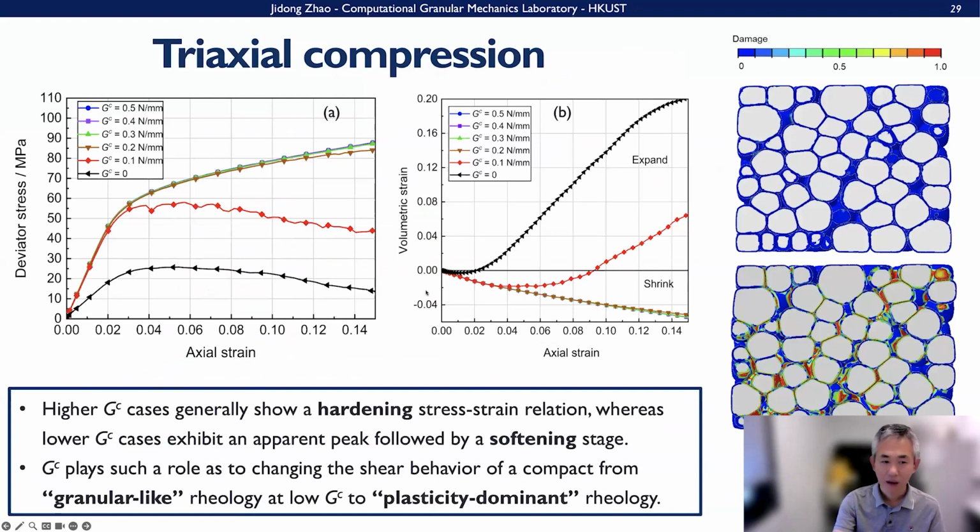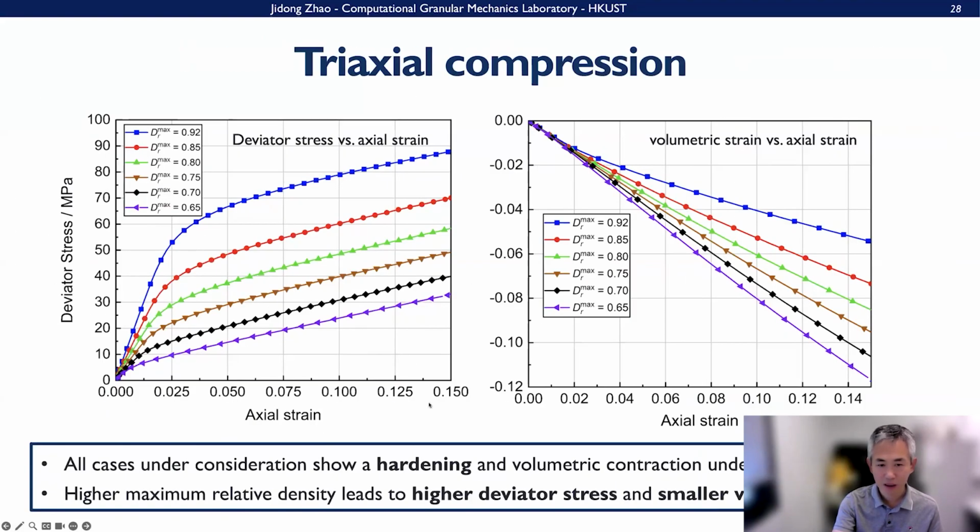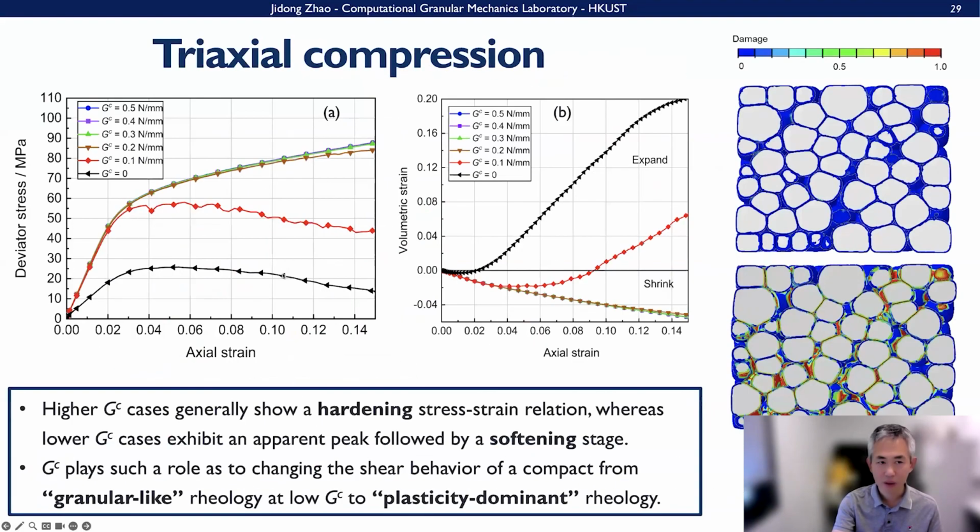And then we can further look at the deviatoric stress, and here we look at how, if we change the fracture energy of the cohesion, that matters. Here we have a control case where we do not allow the particles to develop a cohesion. So the fracture energy is zero for this case here, right?